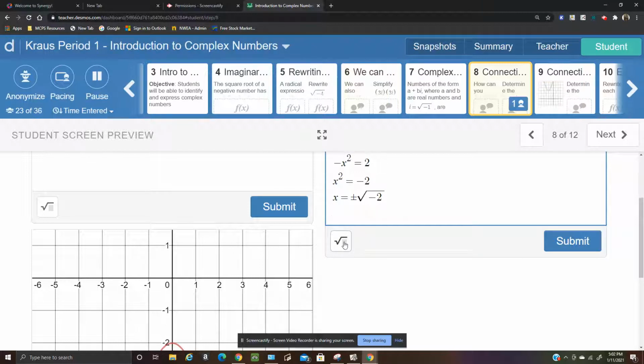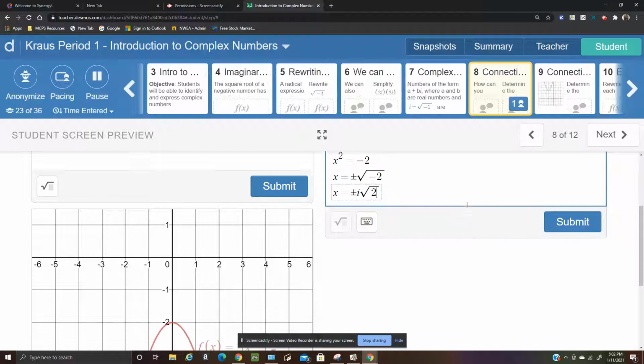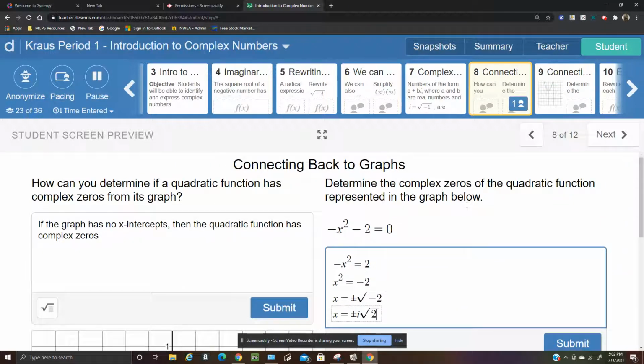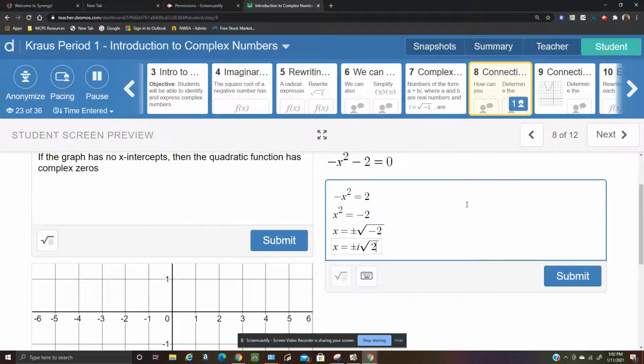And then pulling your i out of the radical, x equals i square root of 2. Two solutions, i square root of 2 and negative i square root of 2.